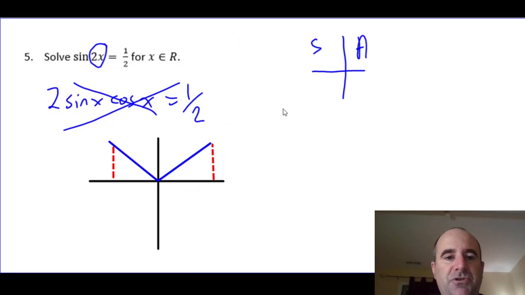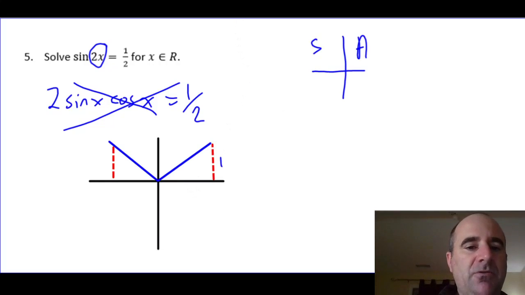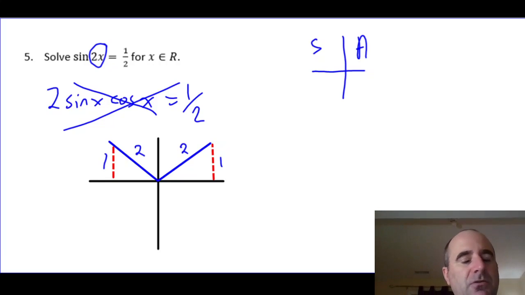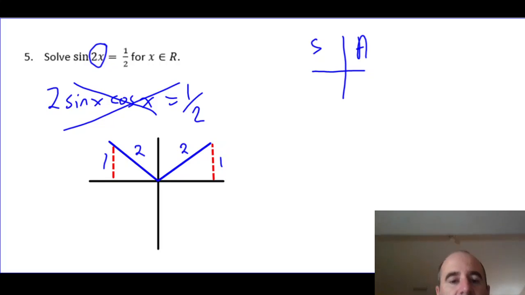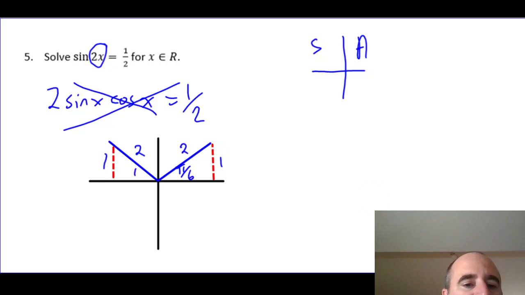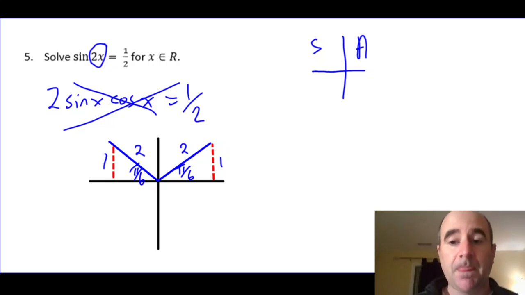So there's my little picture there, with 1 being either the opposite or the y value, 2 being the r value or the hypotenuse, which makes my other side either √3 or negative √3, and my angle must be 30 degrees, or better yet, we're dealing in radians here, pi over 6. Always assume in this course you're dealing in radians. There are very few cases that we don't.